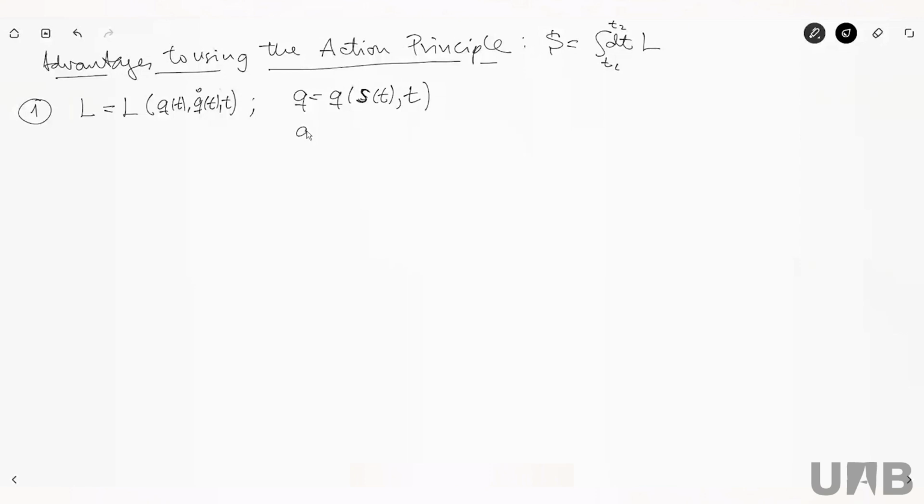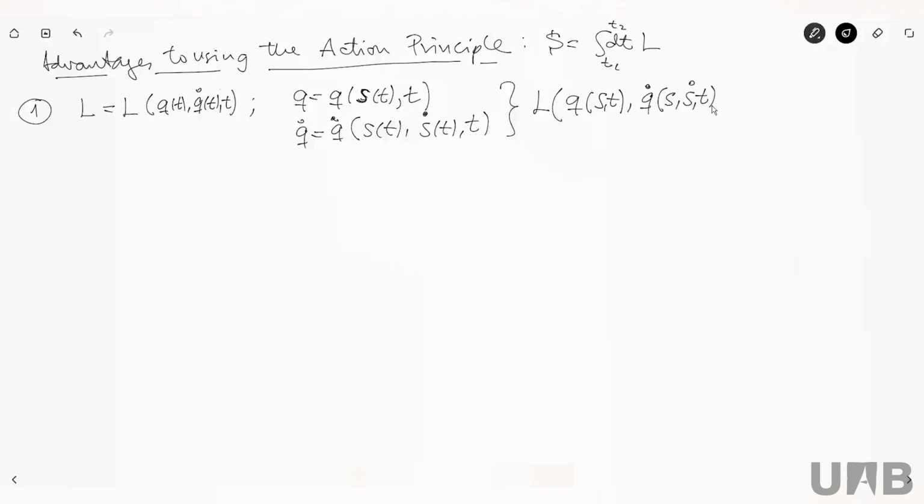And therefore, q dot is a function of s dot, and then also t. And this means that if I replace these variables q, q dot, and t by the new variables s, s dot, and t, then I'm going to have that the Lagrangian is a function of q, which is a function of s and t, q dot, which is a function of s dot and t, and then also t.